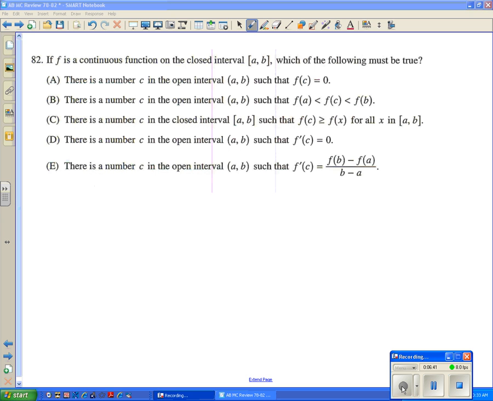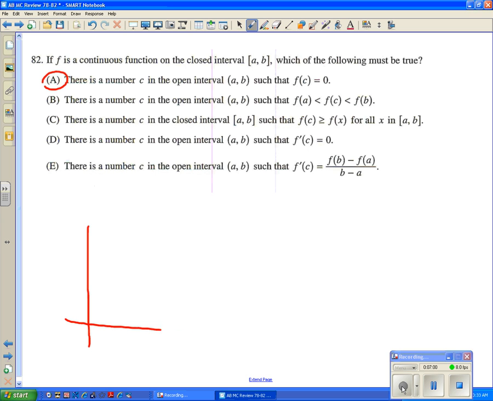82 is a concept question again. And they're saying we've got a continuous function between A and B. Which of the following must be true? Well, it says there must be a number C such that f of C equals 0, a C between A and B. Well, I can clearly think of the possibility that that might be true, but it doesn't have to be true.